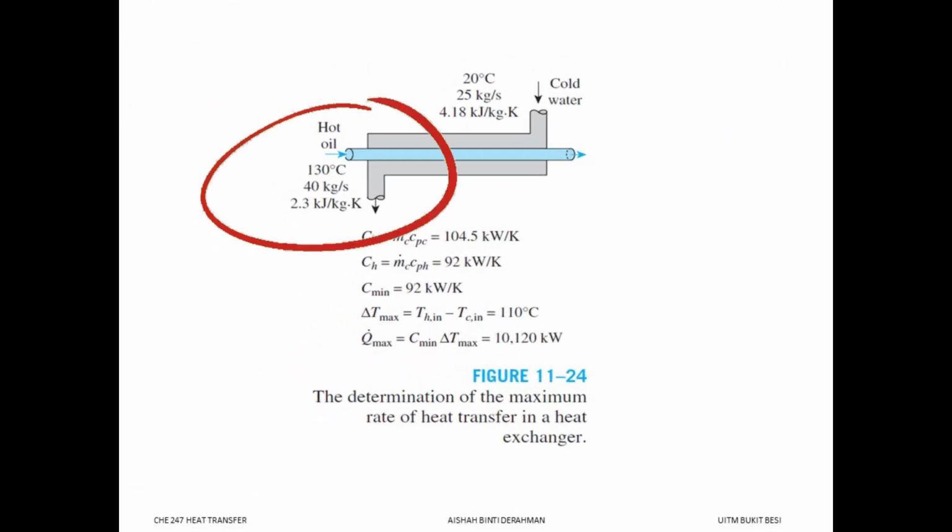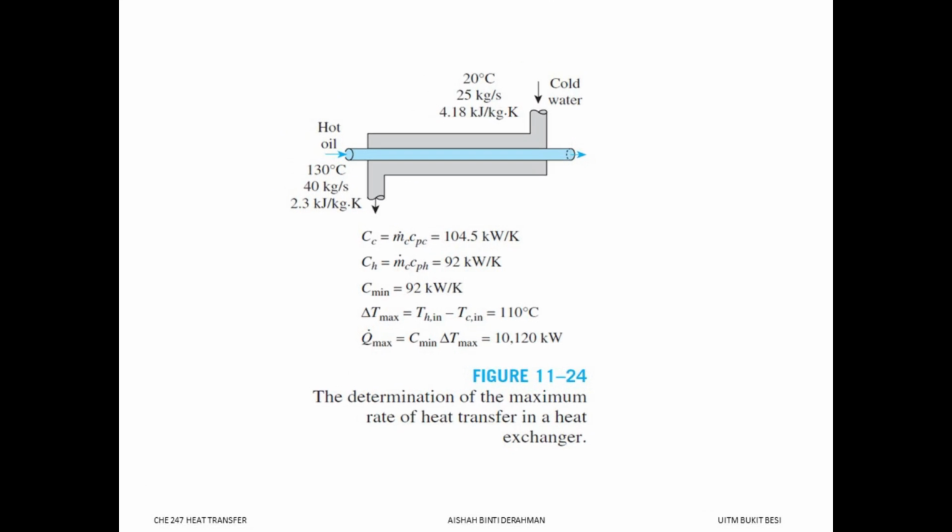For the hot oil that passes through the tube, the temperature inlet is given as 130 degrees Celsius, mass flow rate is 40 kilogram per second, and the specific heat capacity is 2.3.